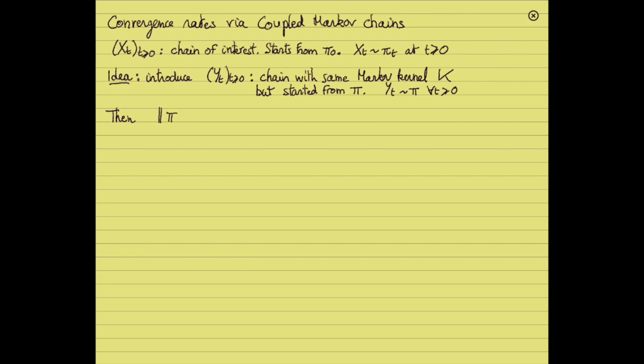Then the total variation distance between pi t and pi can be written as the infimum over all couplings xy of pi t and pi, of the probability that x will be different than y.